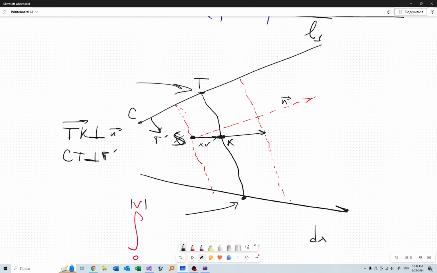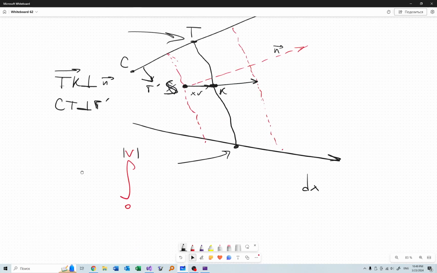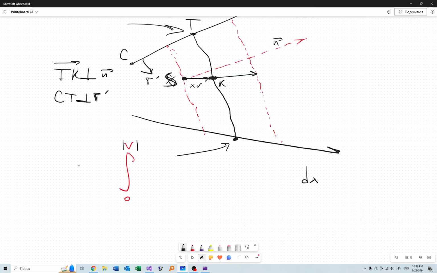And this can be called, so actually we can say that T is simply C plus Z CD. Let's multiply it by N. So we know that CT is ZCD.